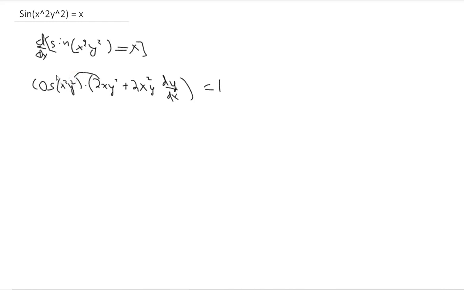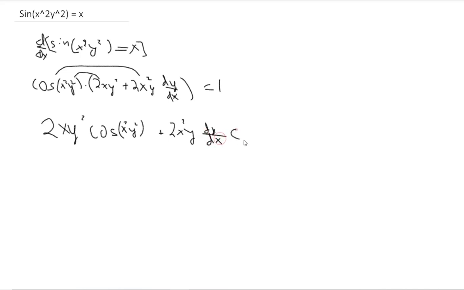So 2xy squared times cosine x squared y squared plus 2x squared y dy/dx times cosine x squared y squared. And that's all equal to 1.